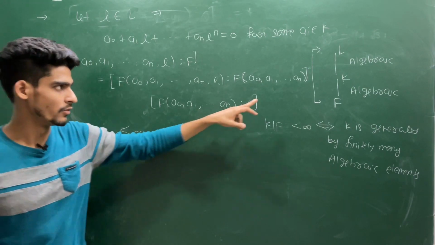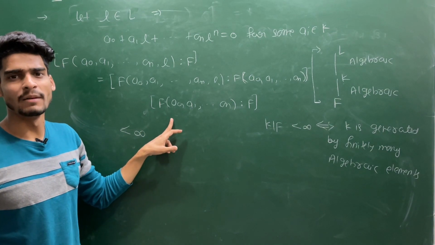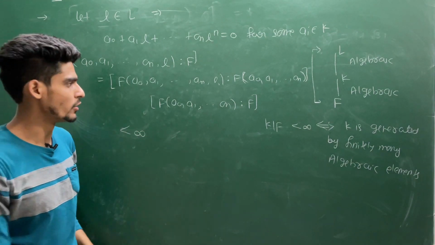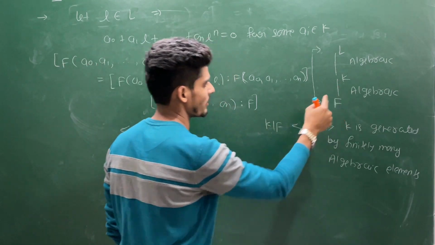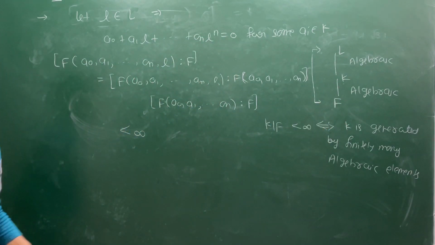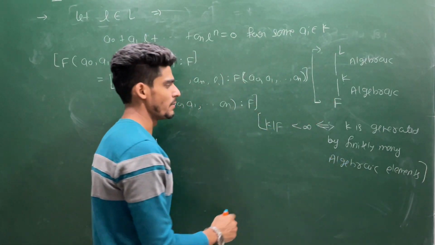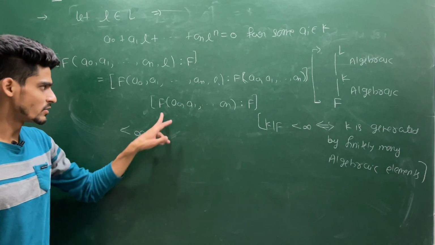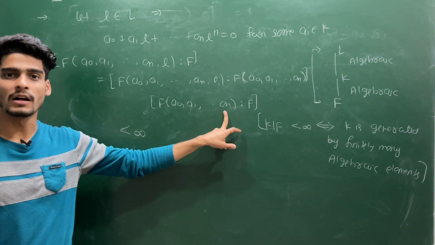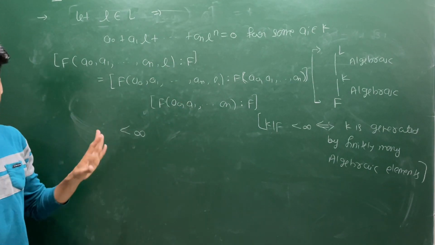This extension is generated by finitely many algebraic elements over F, because each element A0, A1, AN is algebraic over F, since K over F is an algebraic extension. We proved this theorem earlier: K over F is finite if and only if K is generated by finitely many algebraic elements. So this is finite. And finite over finite will always give you a finite quantity.